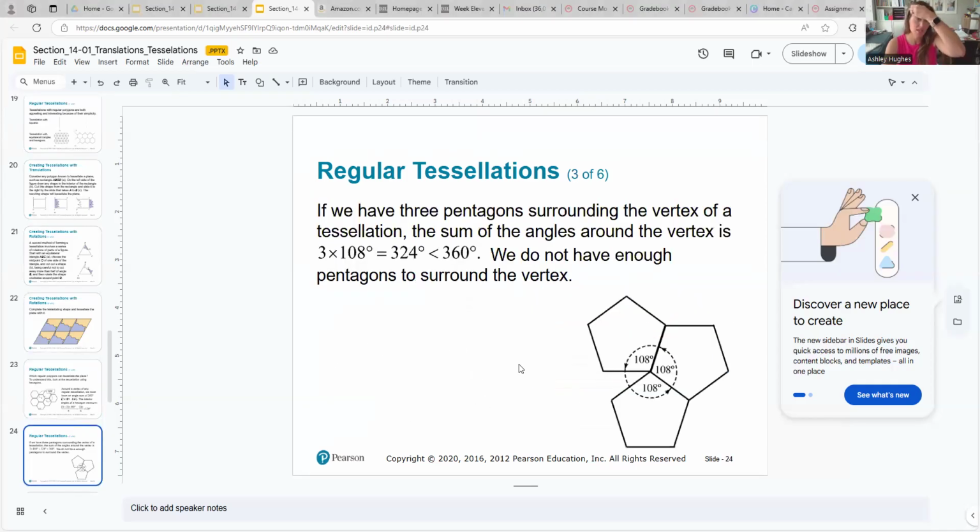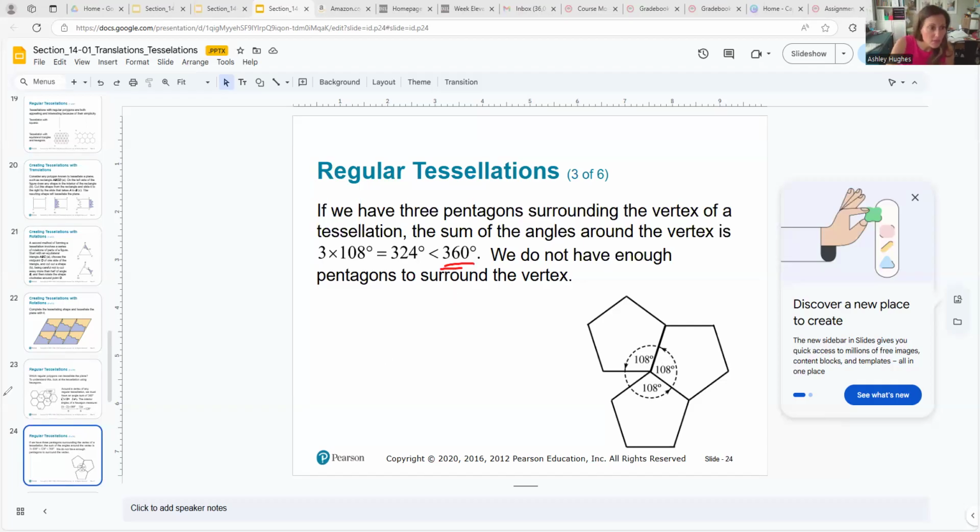So in this case, we have 3 pentagons surrounding the vertex. Are they going to tessellate? The answer is no, because the interior angles of a pentagon are each 108 degrees. And so when you sum up 108 degrees, you don't get 360, so it doesn't work out.